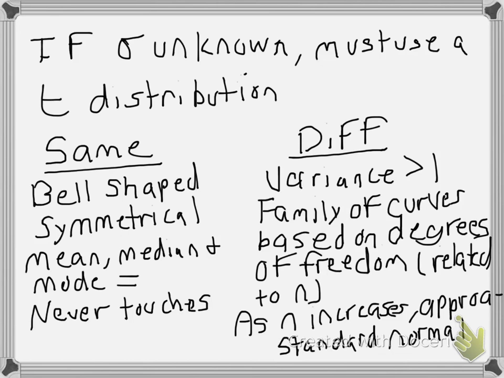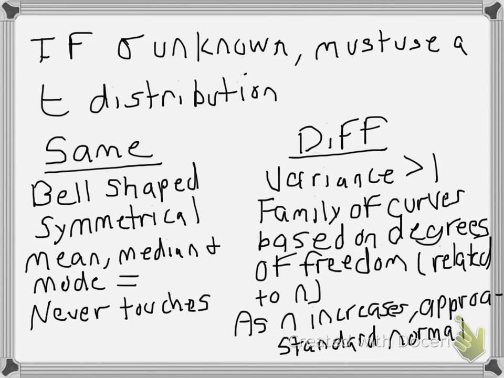Some very important differences. The variances, or in other words, sigma squared, will always be greater than 1. And obviously it's not sigma squared, it would be the sample variance, s squared. The family of curves is based on degrees of freedom, which is related to the sample size.